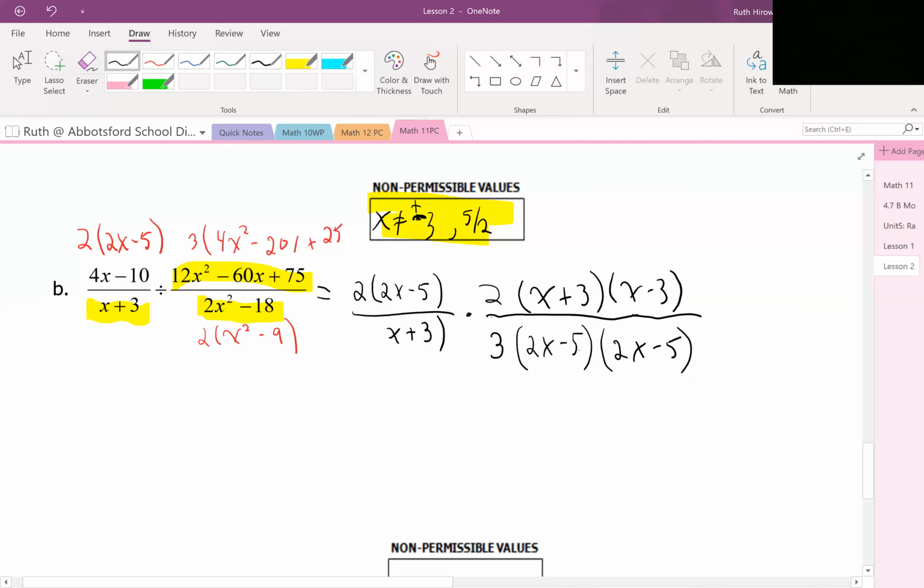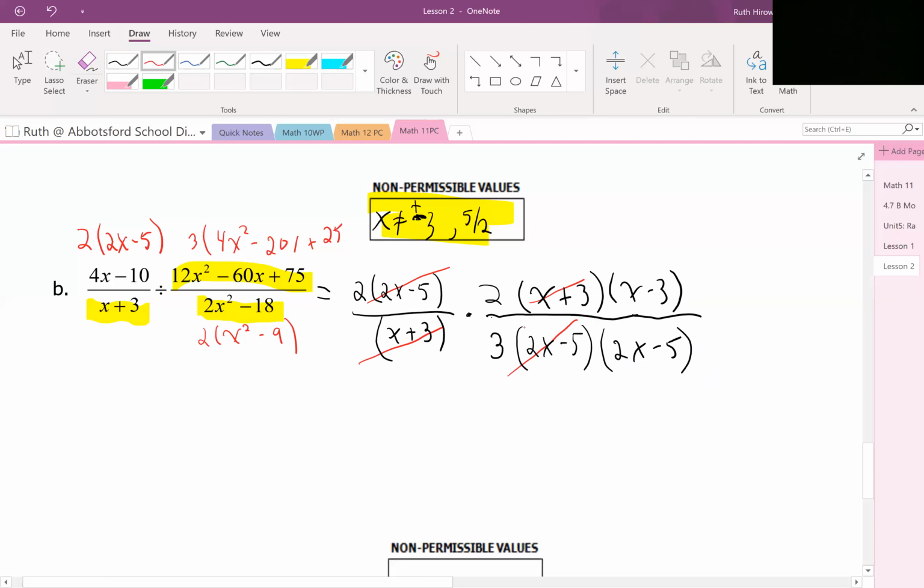Okay, so the x plus 3 here, and remember we're multiplying everything. This x plus 3 can cancel this x plus 3 because I'm multiplying by x plus 3 and dividing by x plus 3. I'm multiplying by 2x minus 5, and then I'm dividing by 2x minus 5.